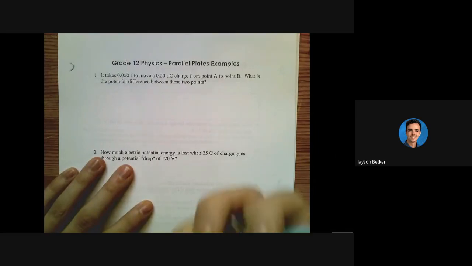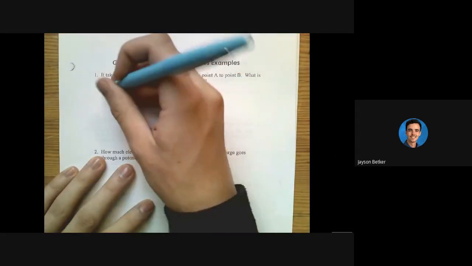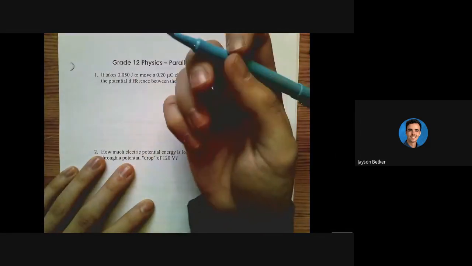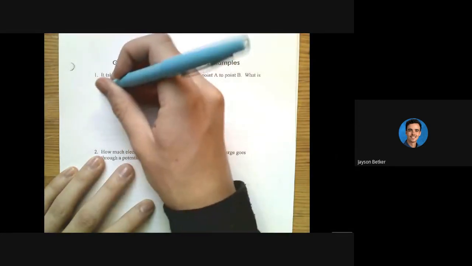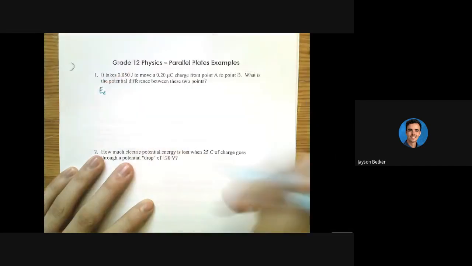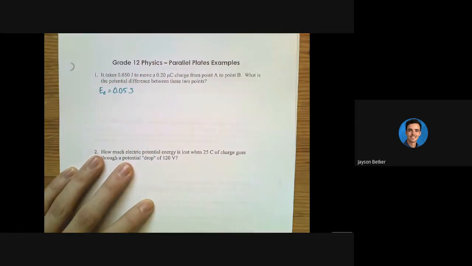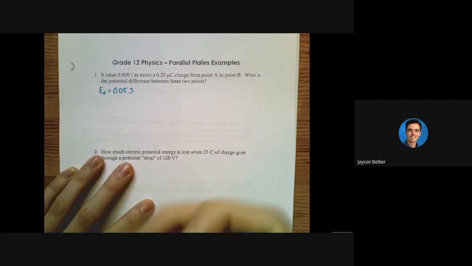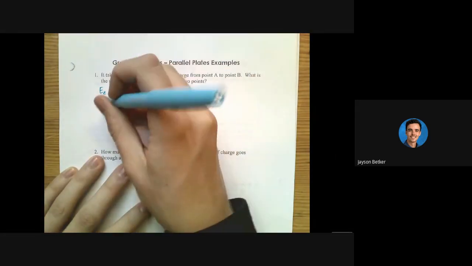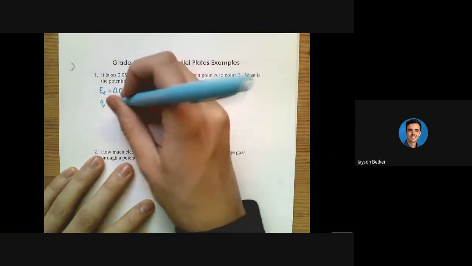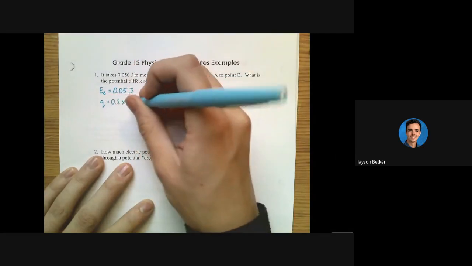So it takes 0.05 joules. Joules, right? That's a unit of energy. So our electric potential energy, I'm going to use E, is 0.05 joules. And then we're moving the charge, so our Q value is 0.2 times 10 to the negative 6.